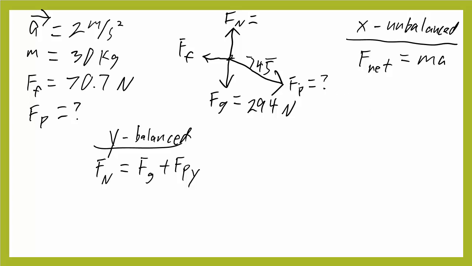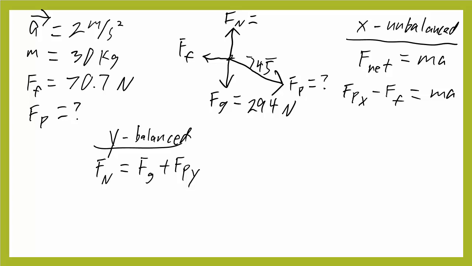And the net force is going to be the force to the right minus the force to the left in this case. Again, you could always just have positives one way and negative the other way, but if you want to always have accelerations positive, you can just take the bigger force minus the smaller force, and then your acceleration will be positive, and you'll just have to remember which way it's going. So in this case, the bigger force is Fpx minus the smaller force of friction equals ma.